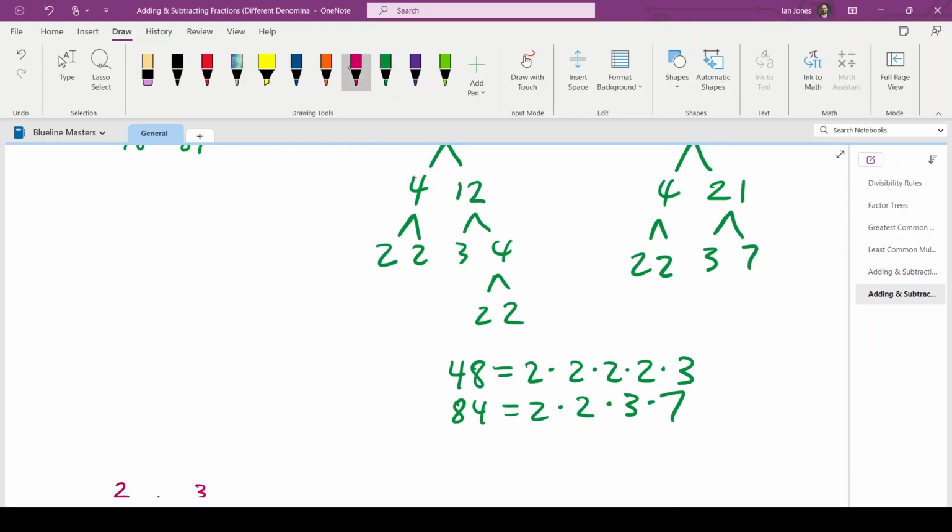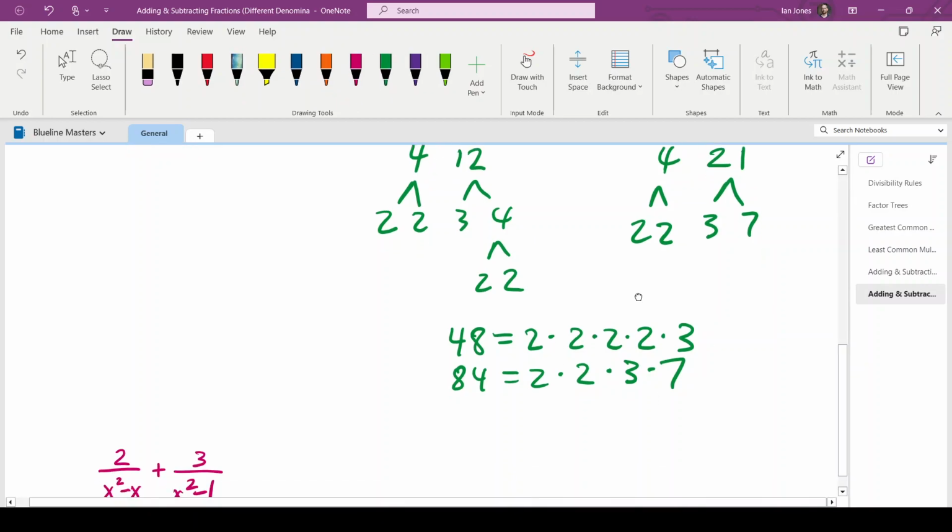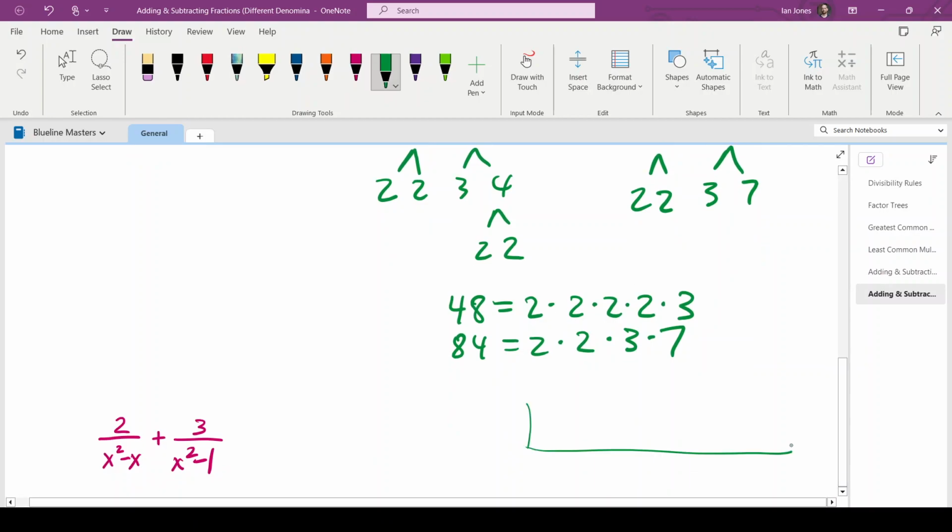Now, to get the LCM, I take a look at these prime factorizations. And once again, I have sort of a shopping cart. I talked about a metaphor in a previous video about least common multiple, where I've got two different dishes that I might want to make, a 48 and an 84. A 48 is made up of 4 2s, like 4 cans of corn, and 1 3, 1 onion, let's say.